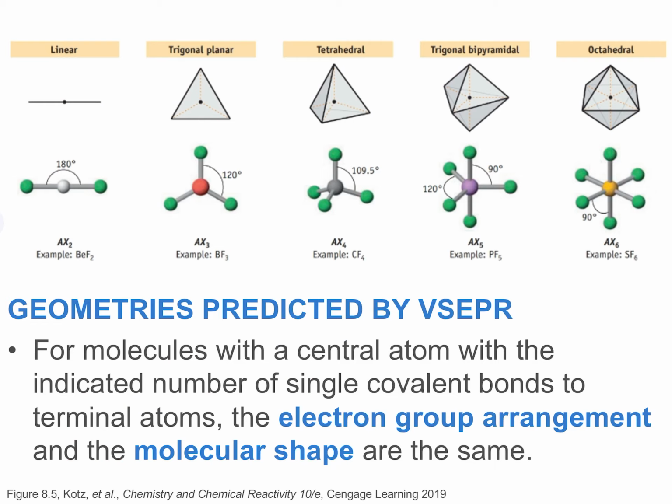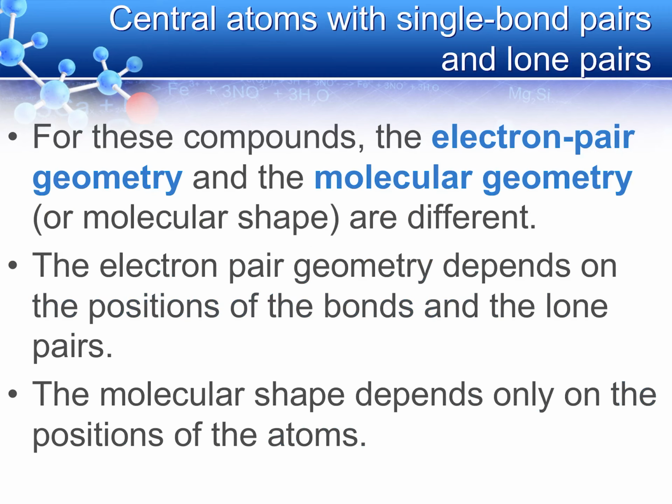So if we look at our Lewis structure and we have compounds that have all bonds and no lone pairs, the electron group arrangement is going to be the same as the molecular shape. So for example, I just gave you silicon tetrachloride. Its electron pair arrangement was tetrahedral, and its molecular shape was also tetrahedral.